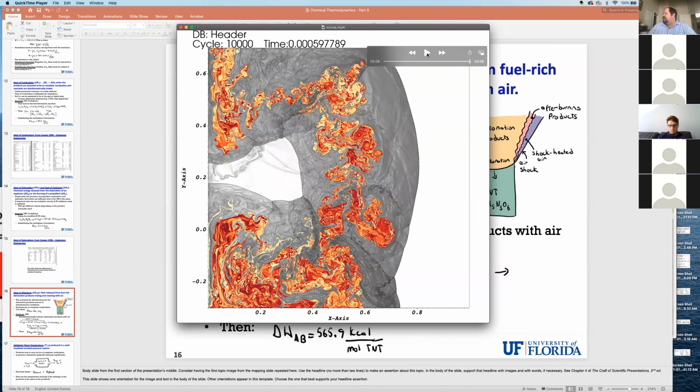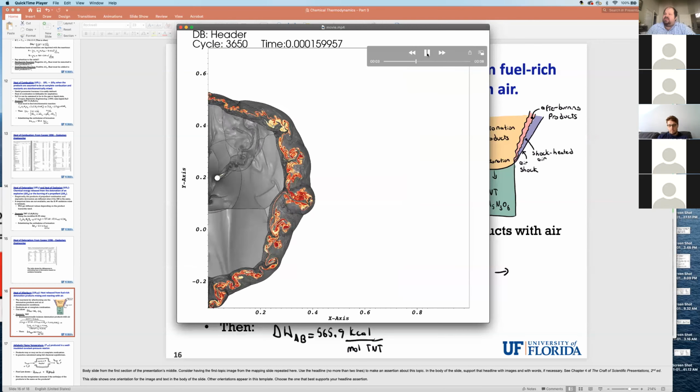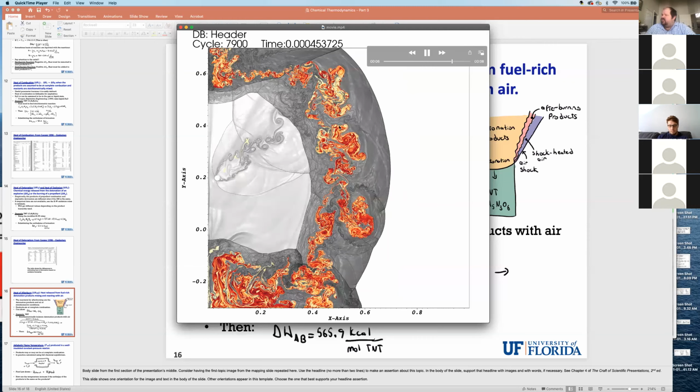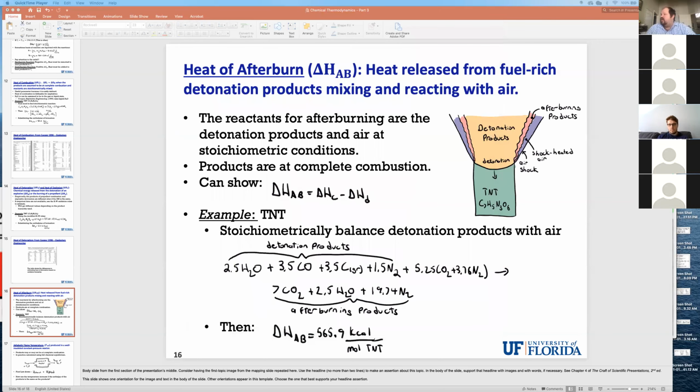For very fuel rich explosives like TNT, the post detonation combustion processes occurring in the fireball are responsible for a huge fraction of the energy released, and that energy release is called the heat of afterburning.